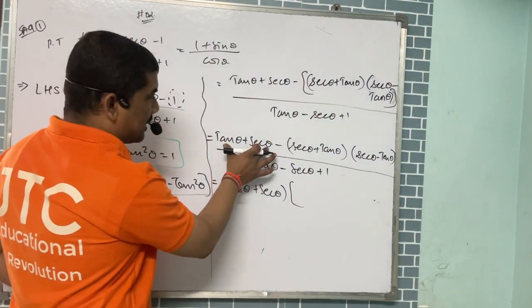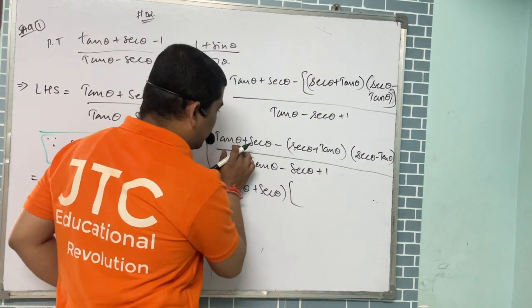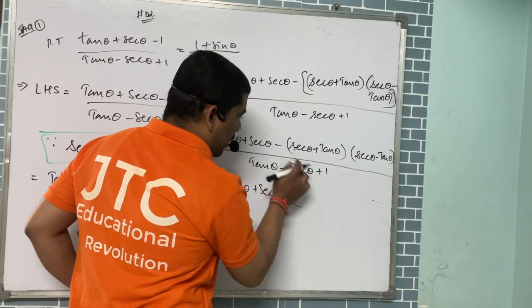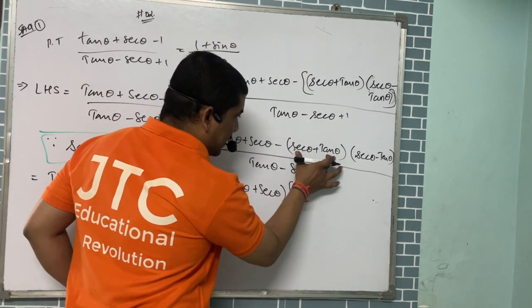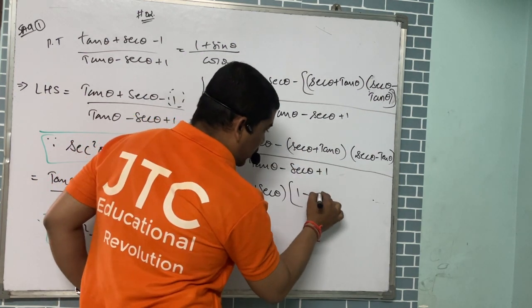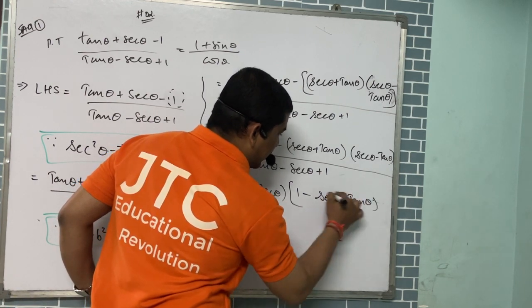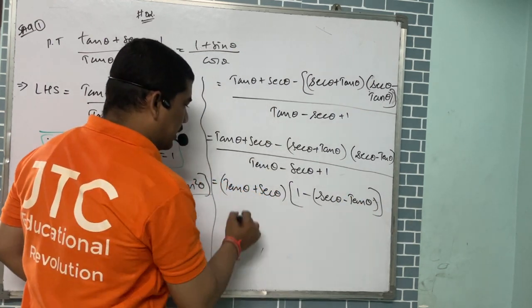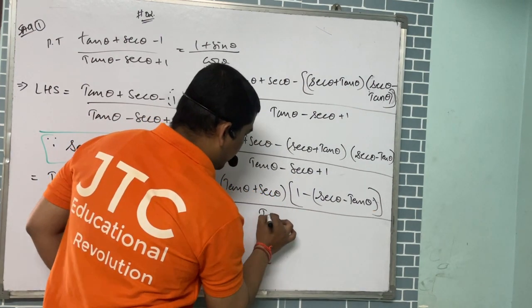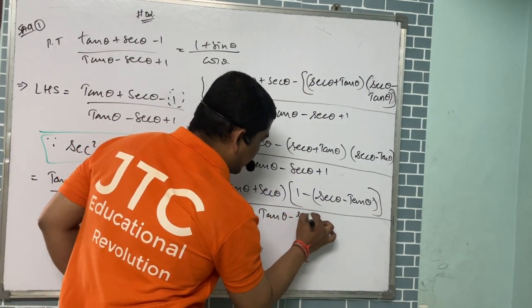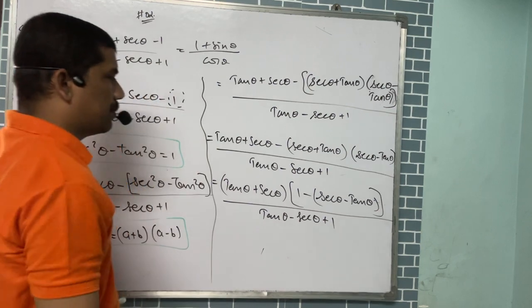Tan theta plus secant theta came out. So what is left in place of this? 1. This minus. Tan theta plus secant theta came out, what is left? Secant theta minus tan theta. Whole divided by tan theta minus secant theta plus 1.